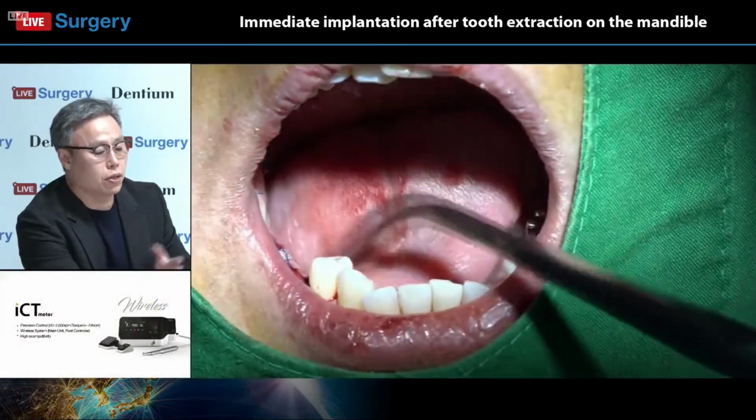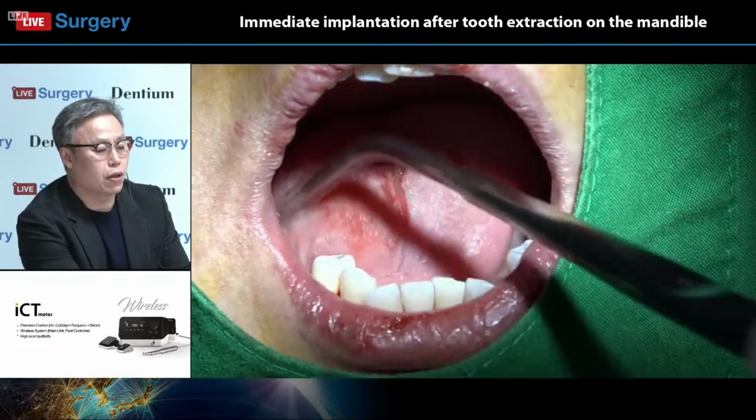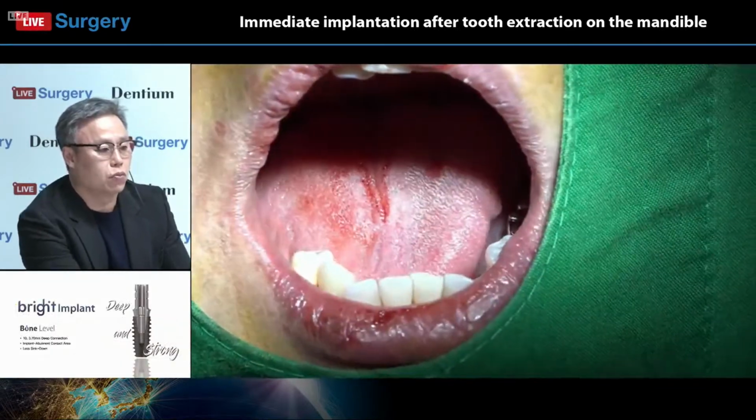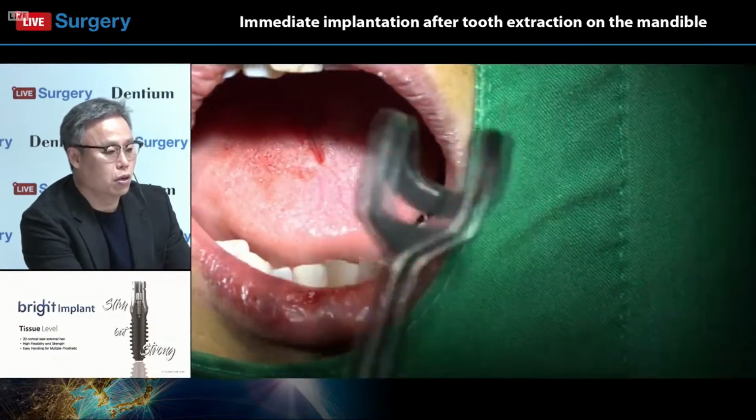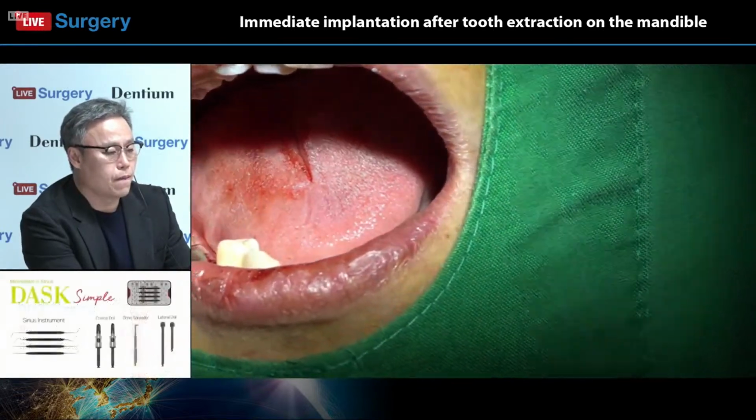He also applied the collagen membrane and one layer of collagen matrix to minimize the risk of membrane exposure or healing abutment exposure.